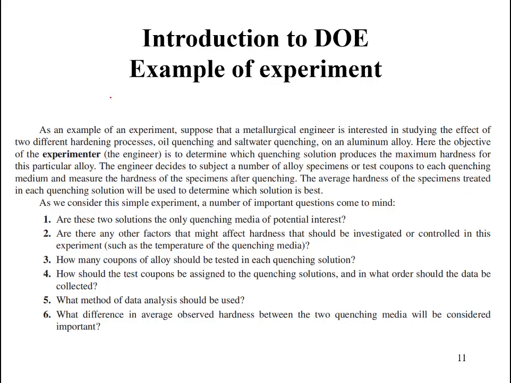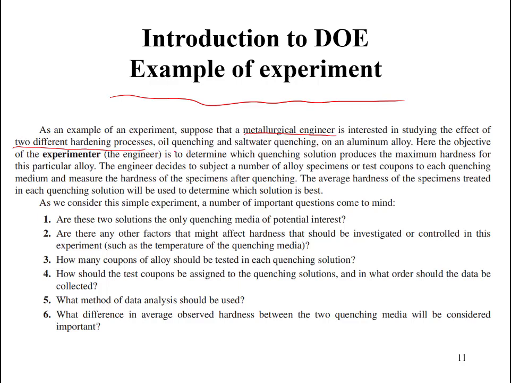An example of experiment is here, which we can go into further detail related to the design of experiments. Imagine we have a metallurgical engineer. He or she is interested in studying the effect of two different hardening processes.